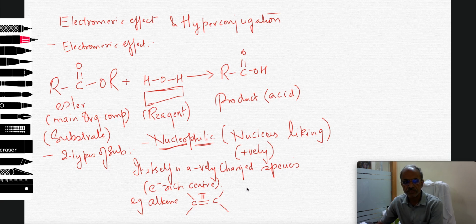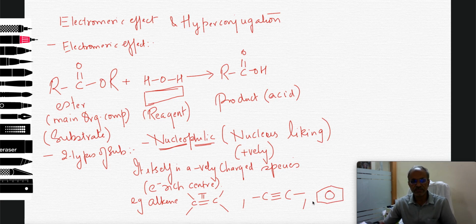Then we can say alkynes. It is again nucleophilic, nucleus liking. It is itself a negatively charged species. Then we can say benzene. It is rich in electrons. So I will say they are nucleophilic centers.